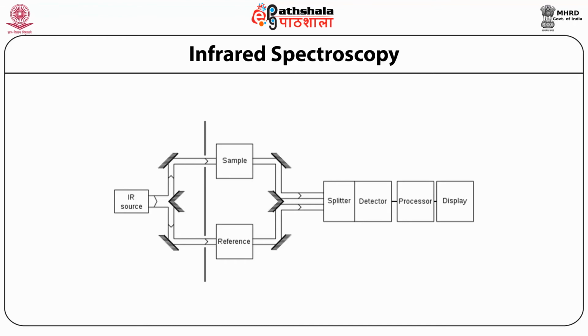Then the sample cell absorbs the IR radiation, which is transferred to the detector. So the sample, either solid or liquid, can absorb this IR radiation, and the percentage transmittance is determined by the photomultiplier tube detector.